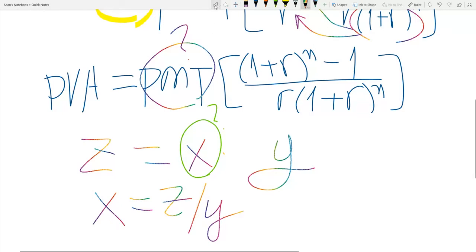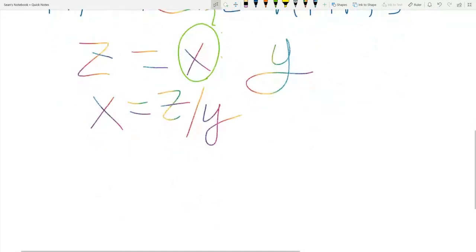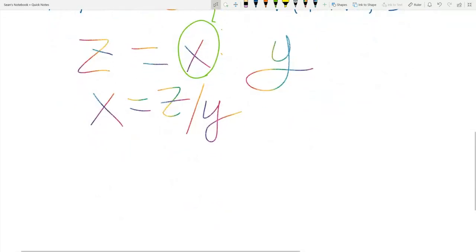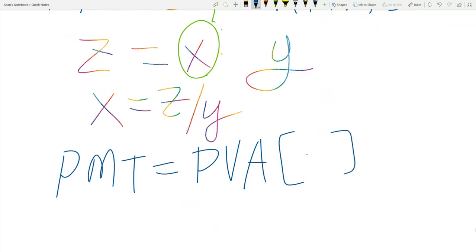So then solving for payment, we'll have to divide PVA by the thing in the bracket. And we all know dividing by something is like multiplying by the reciprocal.